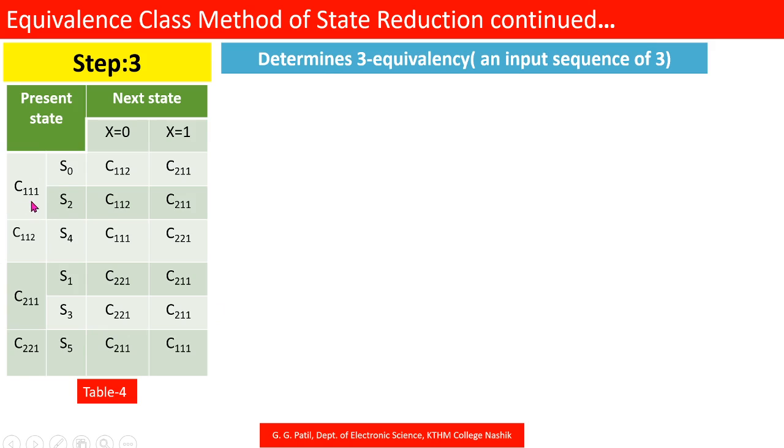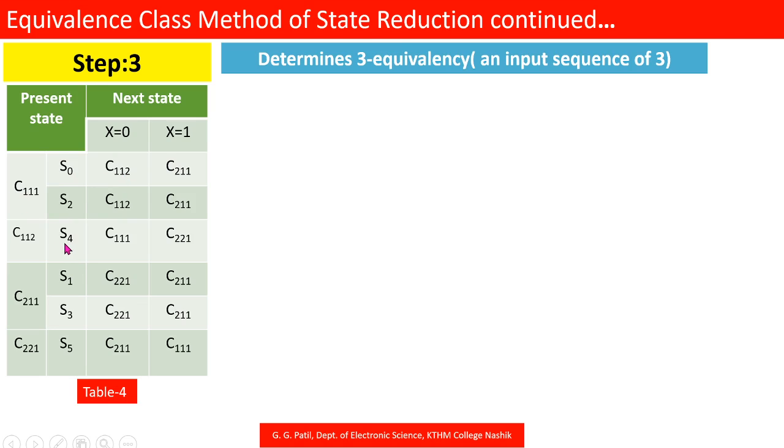Now the groups are to be named C111 and C112. S0 and S2 have the same next state, so they are grouped like this. Whenever there is state S0 or S2, they are written as C111.